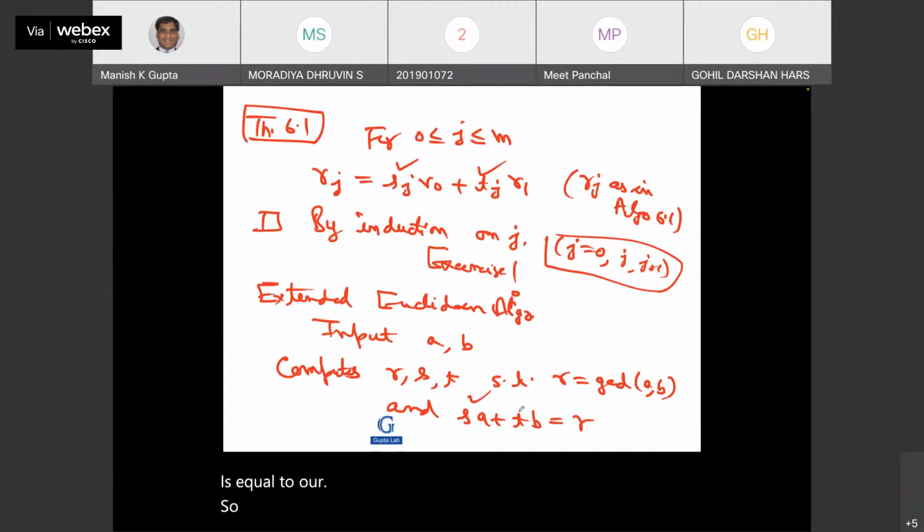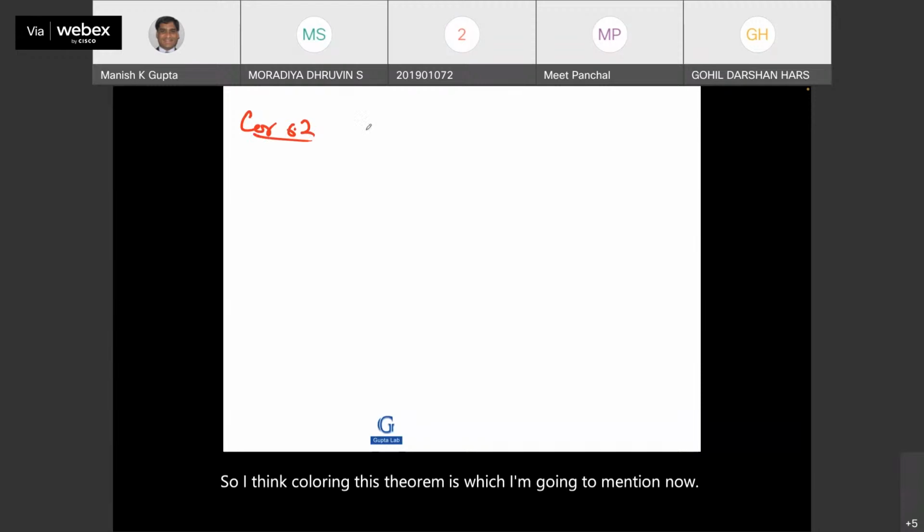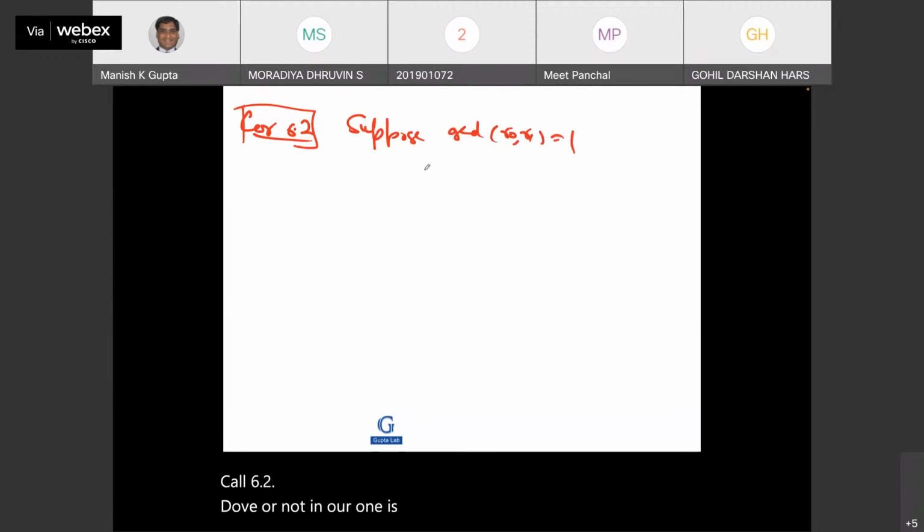So there exist integers s and t such that this happens. Anyway, now corollary 6.2. If r1 is 1, then the inverse of r1 mod n is equal to t.